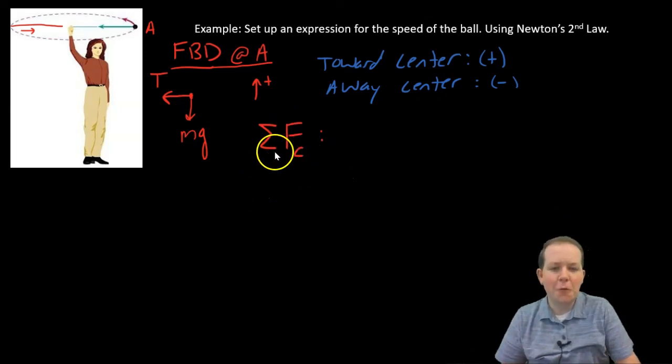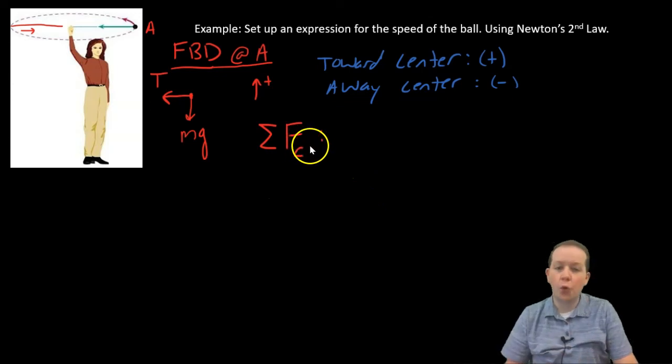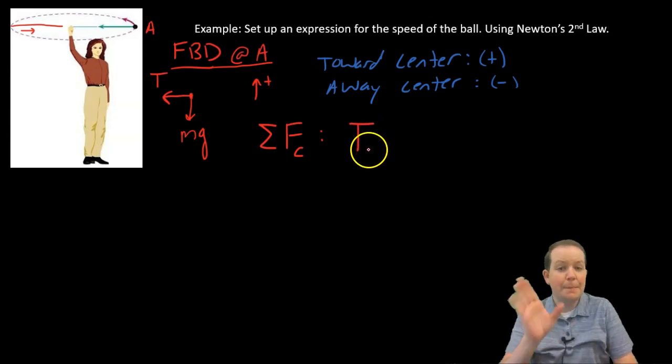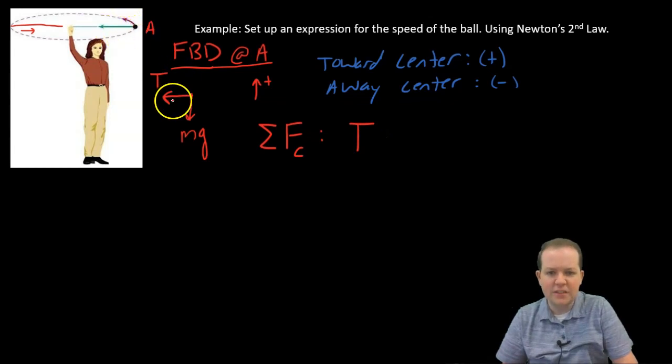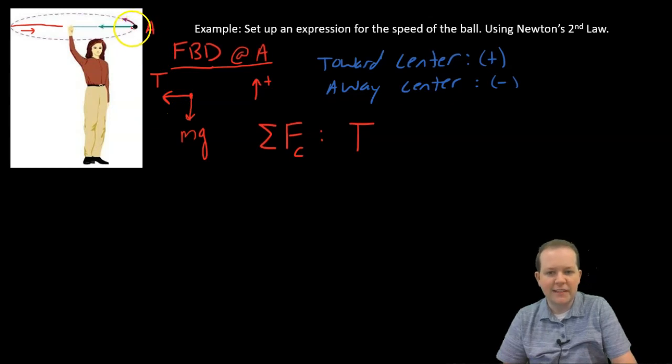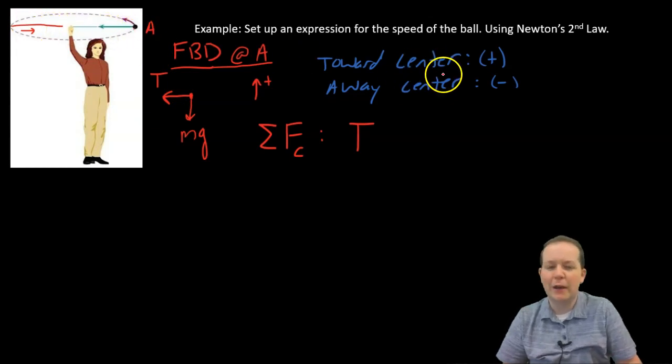There's only one force that is acting either towards or away from the center. That's the tension. Now, am I going to have tension be positive or negative? I'm going to have it be positive because this tension force is always pointing towards the center of the circle. Again, whether it's here or here, that's the benefit of what I have written in blue. Okay, it's always towards the center. That is equal to ma.